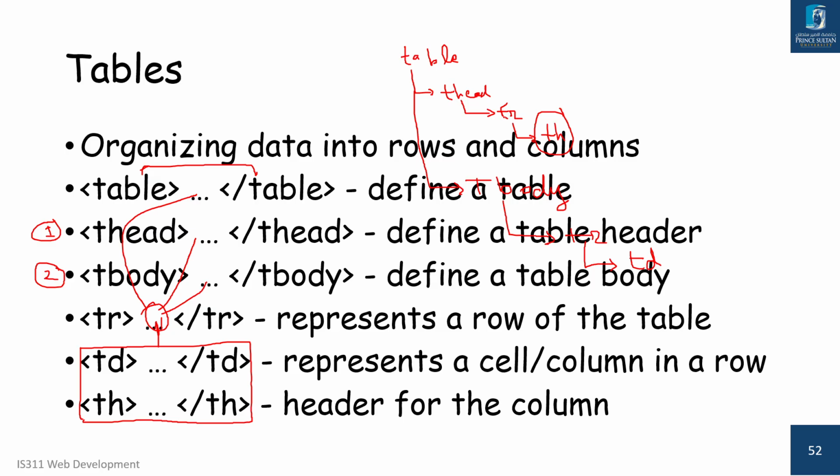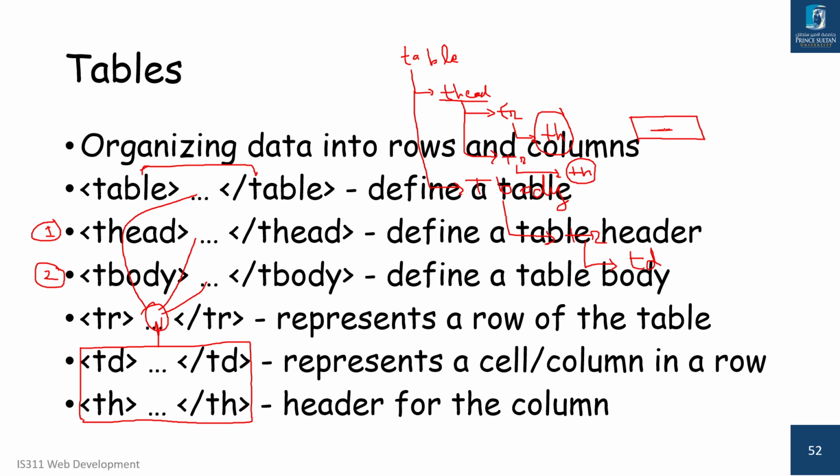If we have multiple rows in the header section, for example I have another TR, so we have two rows inside the header section, and inside the TR we have the TH. TH represents one box inside the table, but the contents will be bold. Did I answer your question?